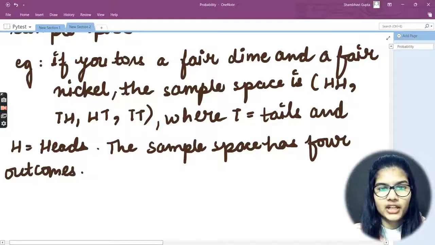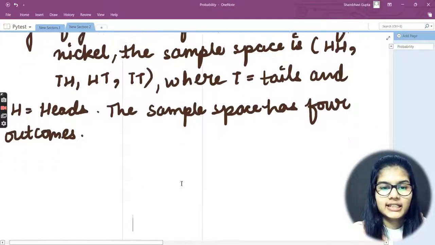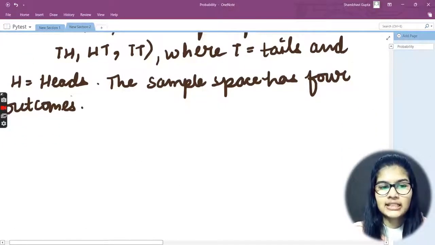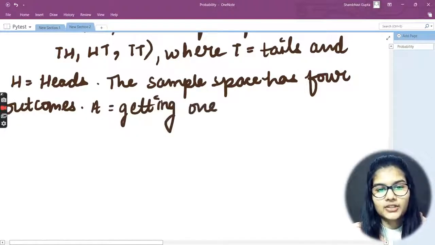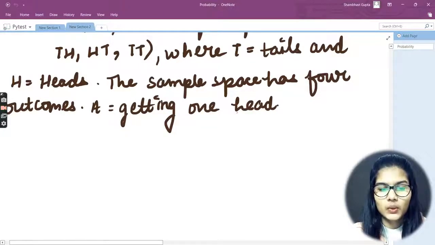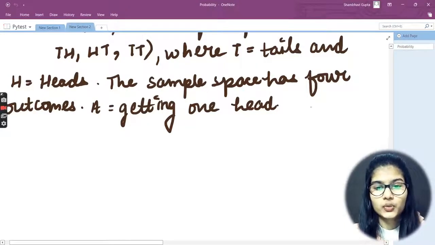We took above that if we toss a fair dime and a fair nickel, the sample space is HH, HT, TH, TT, where T refers to tails and H refers to heads, with four outcomes in total. Now A is getting one head, so I have to compute the probability of getting one head. There are in total two outcomes which have one head.